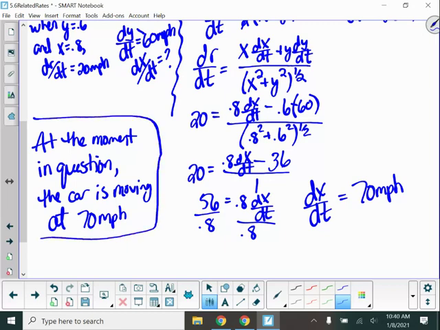So at the moment in question, the car that's speeding away from the scene is moving at 70 miles per hour.